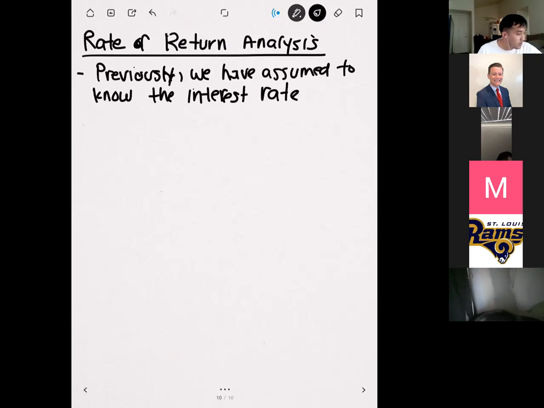Given that interest rate and a number of periods, we were always computing some kind of cash flow, either via present sum or a uniform series, or whatever the problem dictated. For rate of return, we're going to flip this around a little bit. In rate of return, we're going to be given all the cash flows.